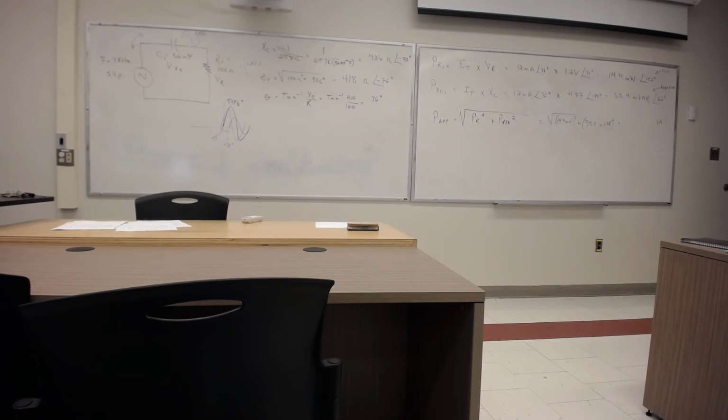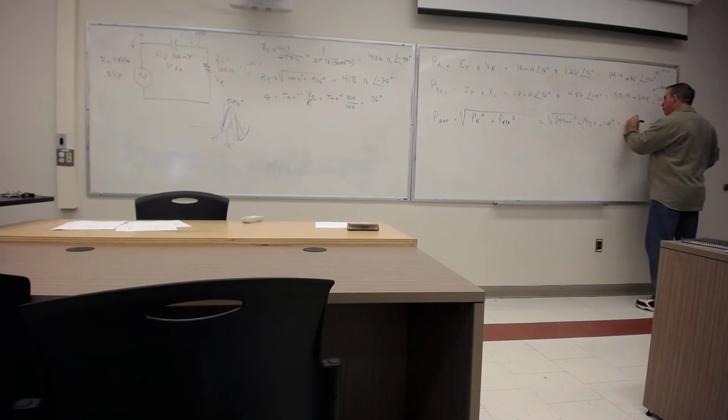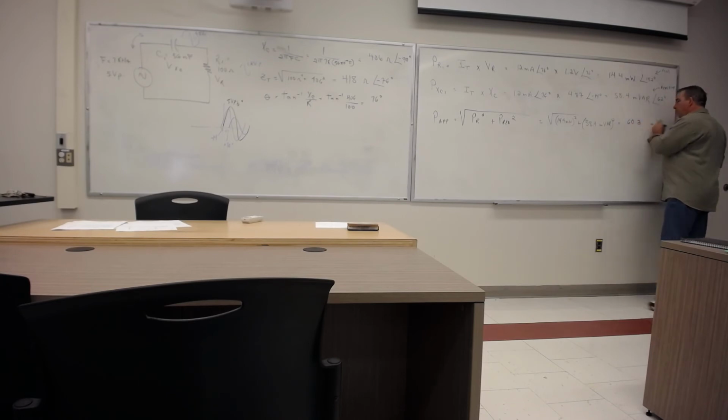So run that through your calculator, and you're going to come up with some value of apparent power in milli-something, milli VAs. Take 14.4 squared plus 58.4 squared, add them up, take the root. 60.15, so 60.2. Yeah, it's milli VAs.